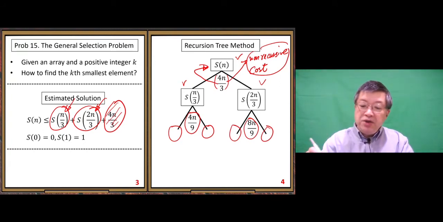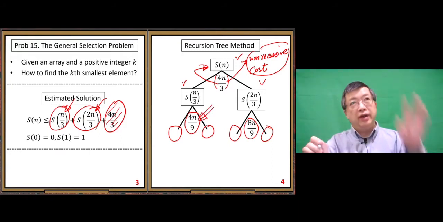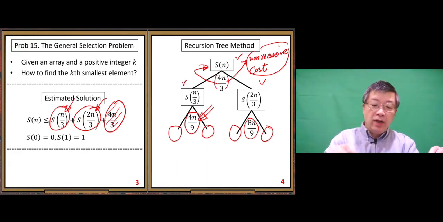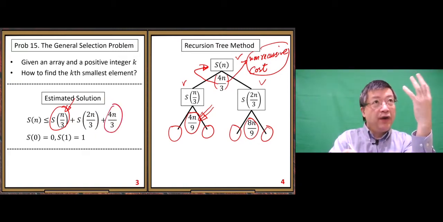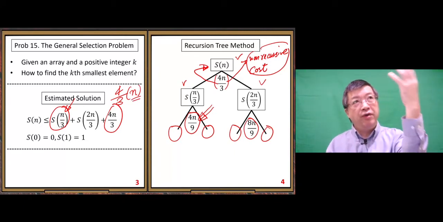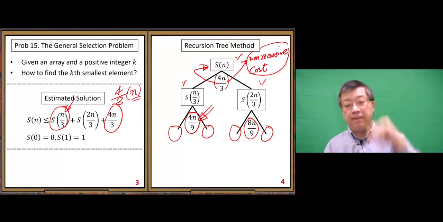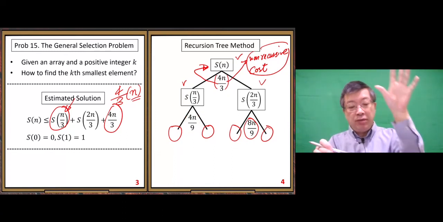But here you may ask me, how do you know this non-recursive cost is this much? It's pretty easy. From the original formula, what is the non-recursive cost? You can understand it this way: 4/3 multiplied by the problem size. The problem size is n, so 4/3 times n. Now, here we use the same idea: 4/3 times the problem size.